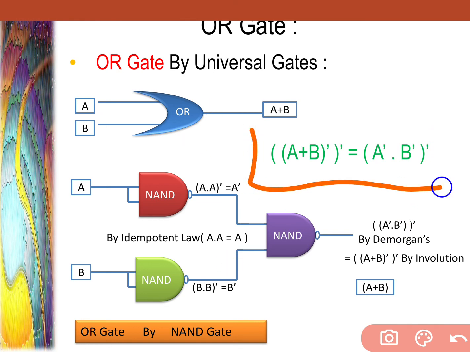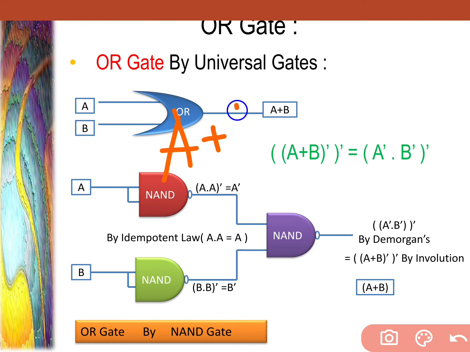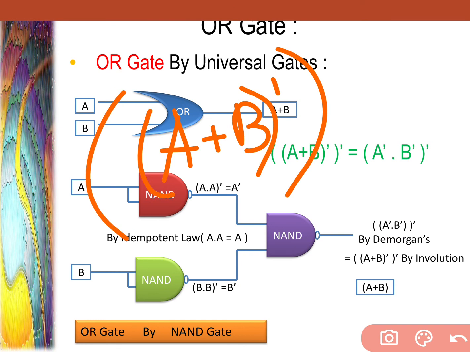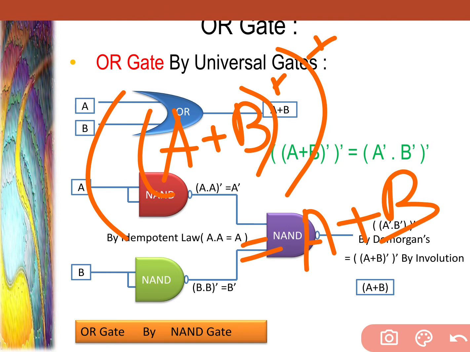Again the same thing I had written. One trick in front of you. What is that trick? I can write A plus B dash whole dash. Again I am using whole dash because dash dash will be cancelled and we are getting A plus B. Both are the same thing.